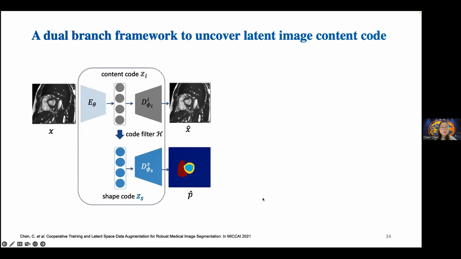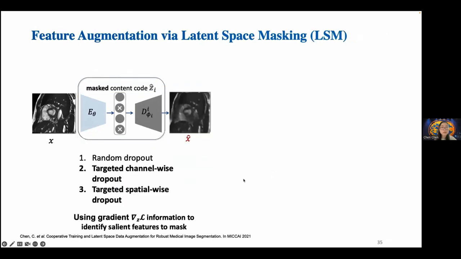So in order to simulate some corruptions or variations in the real world, we look at this content code and perform some masking-based augmentation in the latent space so that we can simulate some corruptions in these images.